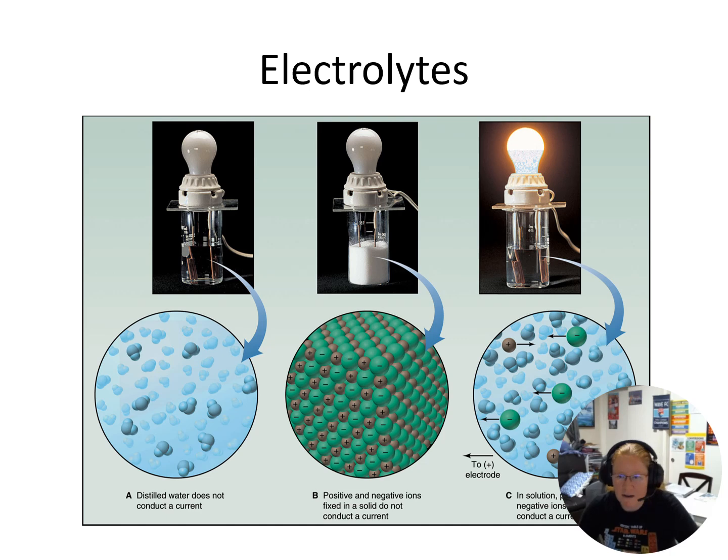All right, now if I were to take an ionic substance and try to light my light bulb while it was in its solid state, it's also not going to light up because, again, no mobile charge. But if I dissolve it in water, there we go, my light bulb will light up. Now, one caveat of that, though, is if I were to take this ionic substance that was a solid and I were to melt it, would it conduct?